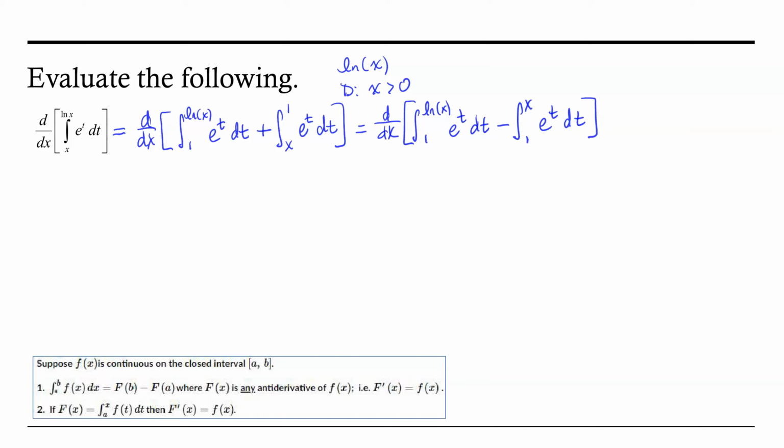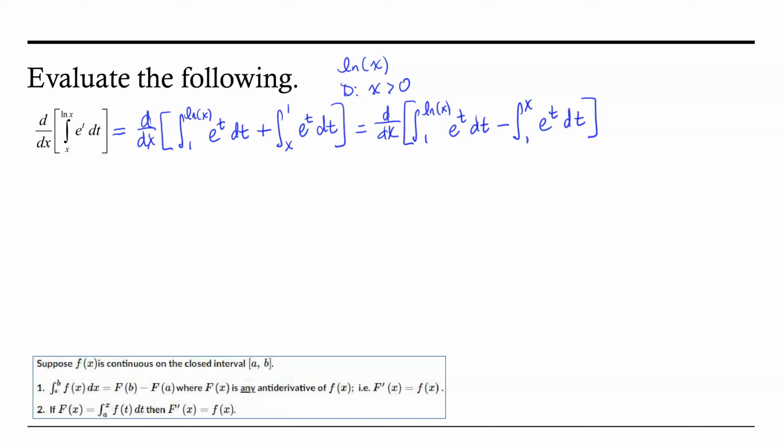Now in the previous example, I used the property that the derivative of a sum was the sum of the derivatives. In this case, I'm going to use the property that the derivative of a difference, or the derivative of subtraction, is the difference of the two derivatives.